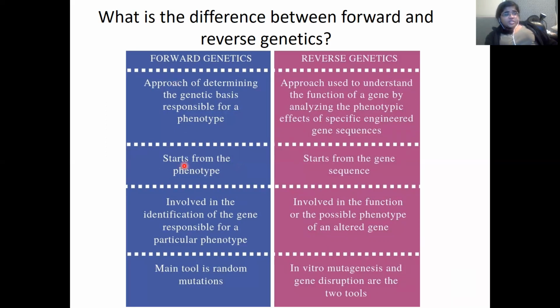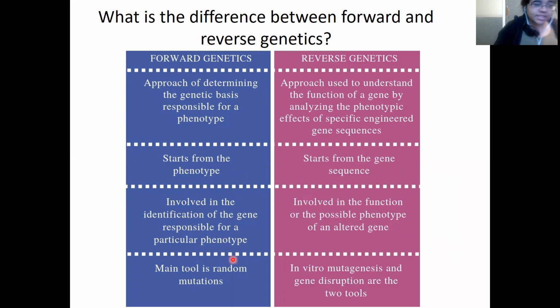Forward genetics, you start from the phenotype. Reverse genetics starts from the gene sequence. Forward genetics is involved with identification of the gene responsible for particular phenotypes. Reverse genetics is involved in the function or possible phenotype of an altered gene.